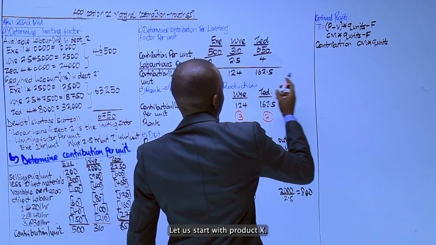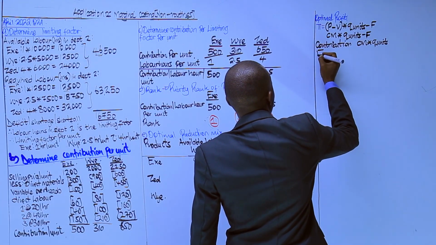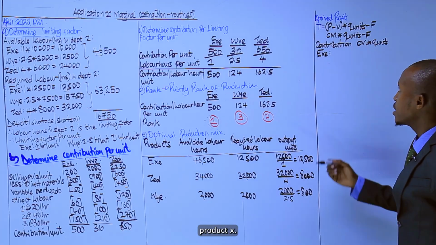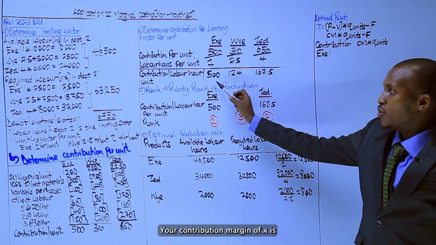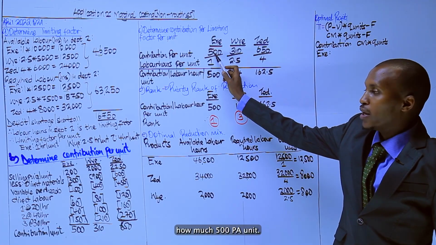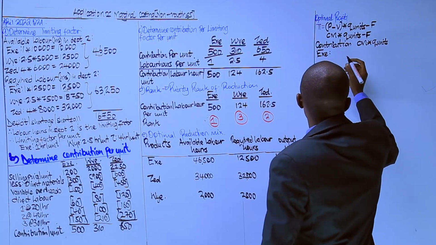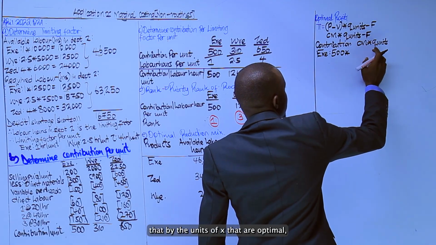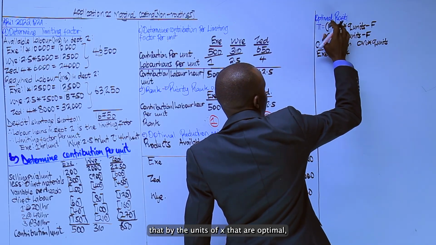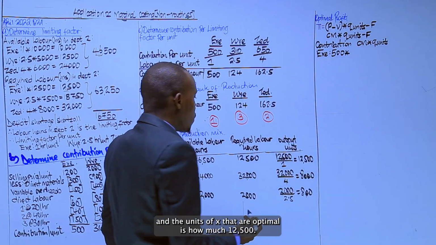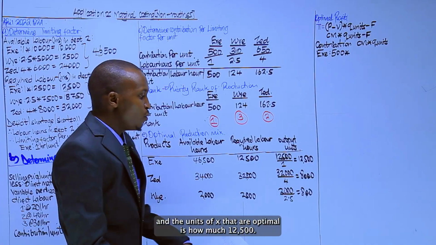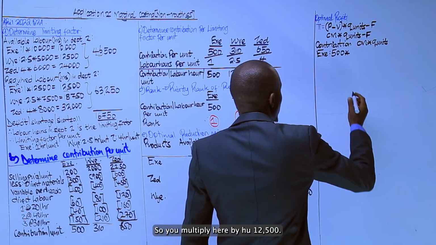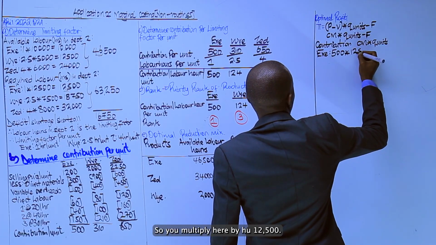Let's start with product X. Your contribution margin of X is how much? 500 per unit. You multiply that by the units of X that are optimal, and the units of X that are optimal is 12,500.